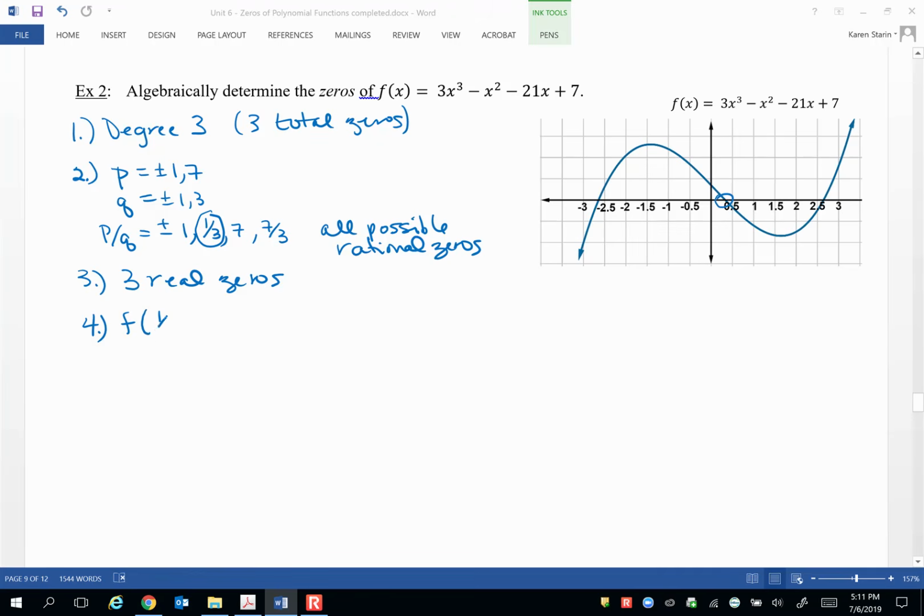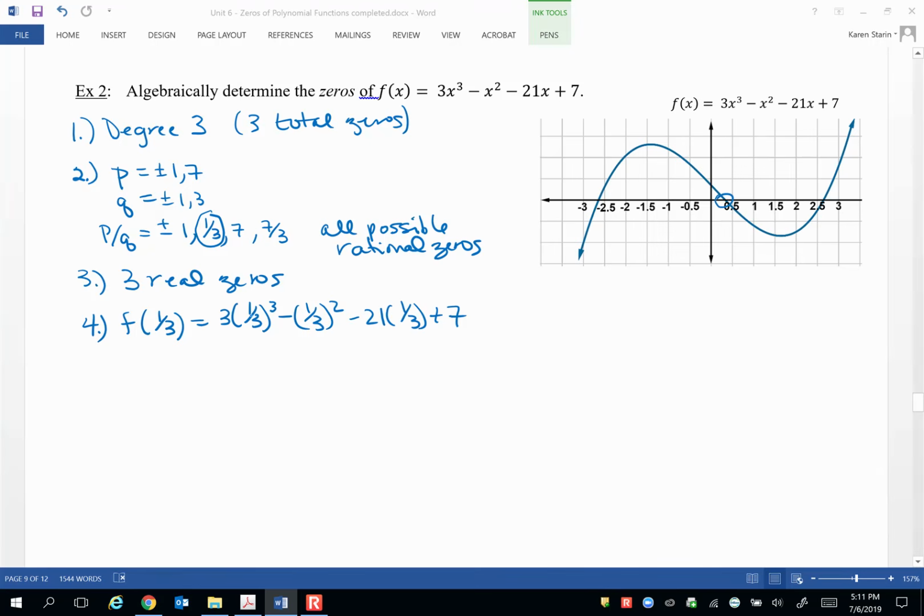What is f of 1/3? Well, we're going to have 3 times 1/3 cubed minus 1/3 squared minus 21 times 1/3 plus 7. If this is 0, then we know that this is a zero.